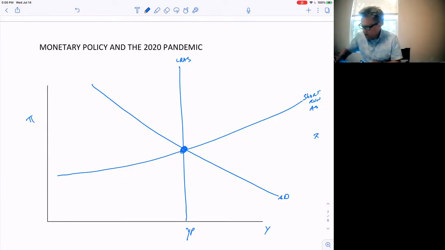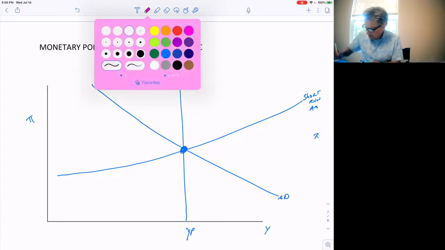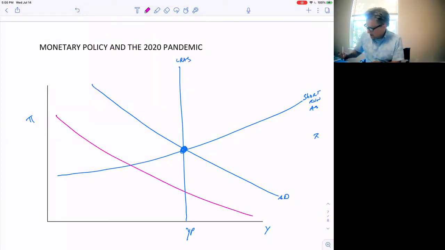Then there was this big drop in aggregate demand. Once again, aggregate demand shifted back very suddenly to the left, creating an output gap, big drop in GDP, and inflation was actually starting to fall too.